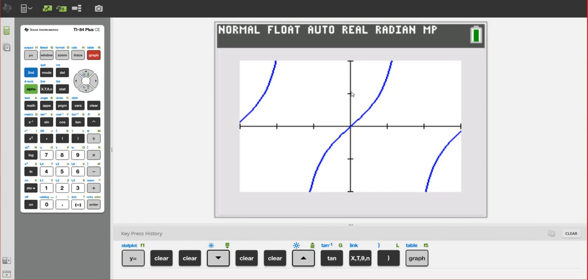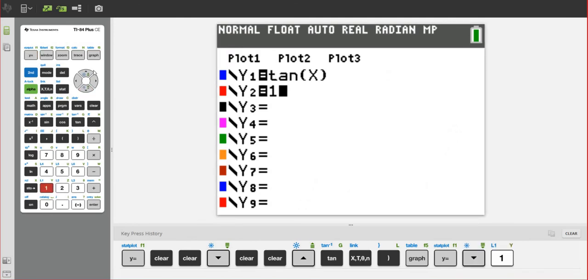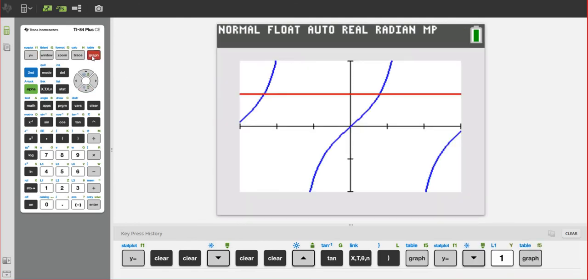I'm also going to graph just y equals 1. So again, we would check, does this pass a horizontal line test to see if it's 1 to 1? Clearly it doesn't, it fails. So we'd have to find our domain. If we had the rules on us, we know that tangent isn't defined at pi over 2, 3 pi over 2, 5 pi over 2, so an odd numerator coefficient over 2.